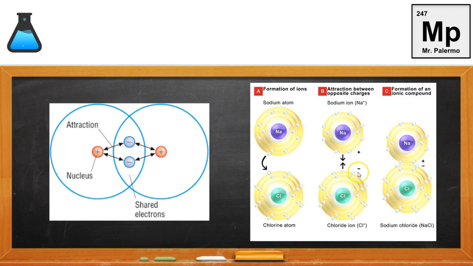It has gained an electron, so now it has a negative charge. And sodium lost an electron, and now it has a positive charge. So instead of sharing like we have here, this transfer of electrons creates this positive and negative charge, and then we have an electrostatic attraction between the two. The positive ion attracts to the negative ion.